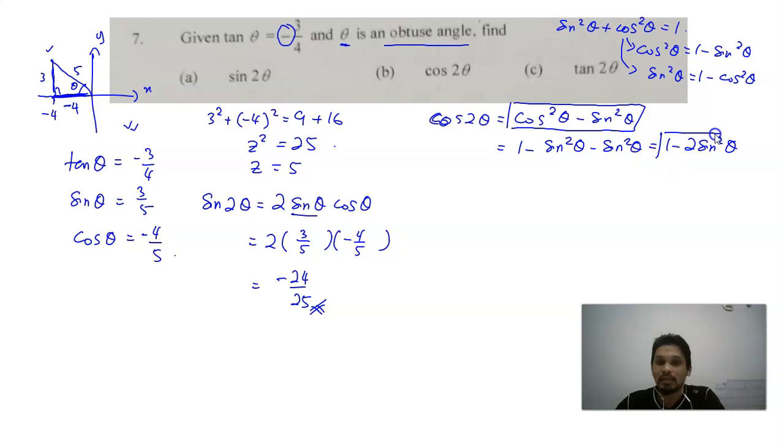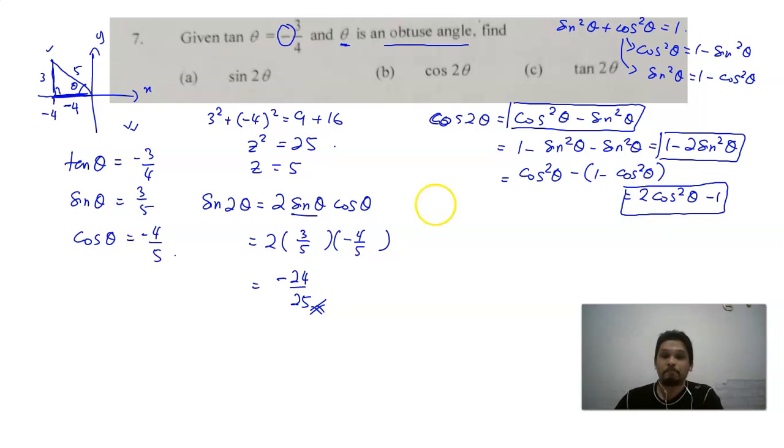This is the first formula for cos 2 theta. The second formula: substitute sine square with 1 minus cos square. So cos square theta minus 1 minus cos square theta, negative and negative make positive, gives 2 cos square theta minus 1. This is the third formula.